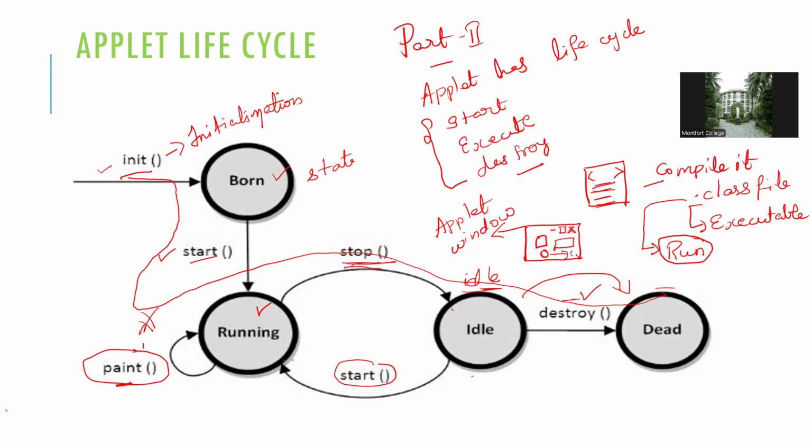Then the start method will be called again and again, because from this position it reaches that position, and again it has to come back here and run like this, so it is going to be in a loop. So from the idle state to the running state the start method is called, then the stop method is called, again idle state, then start, stop, and so on, in a loop. This program we have executed in the lab.